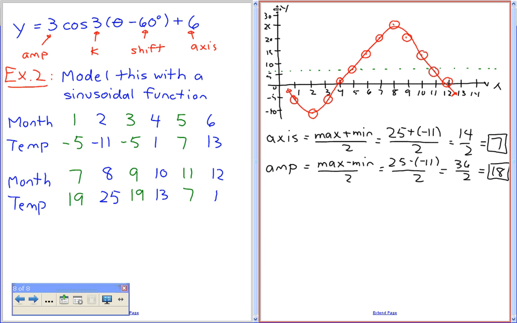It goes up 18 and down 18 from your axis. How can you verify that quickly? Yeah, I add my axis plus my amp: 7 plus 18 is 25, which is my maximum value. 7 minus 18 is -11, which is my minimum value. That's just a check to make sure it looks okay.